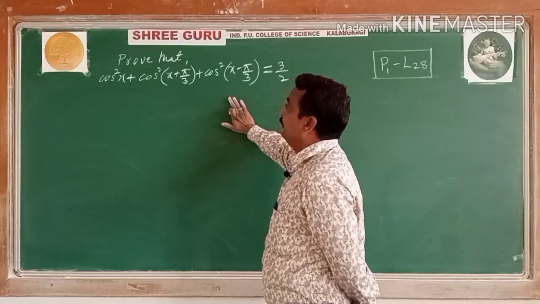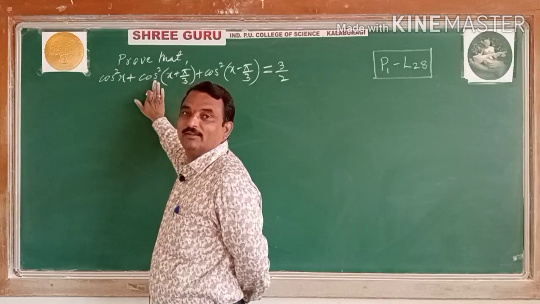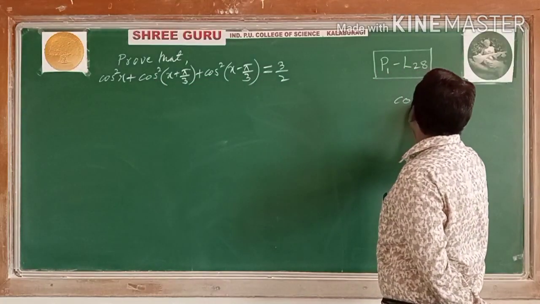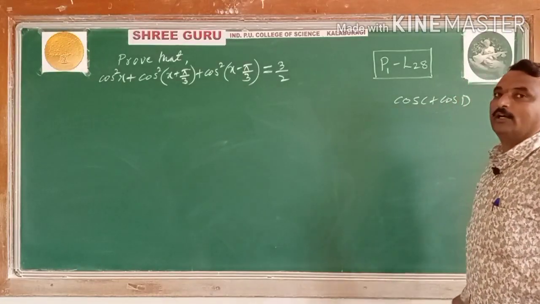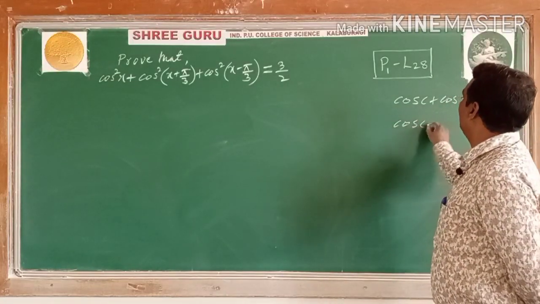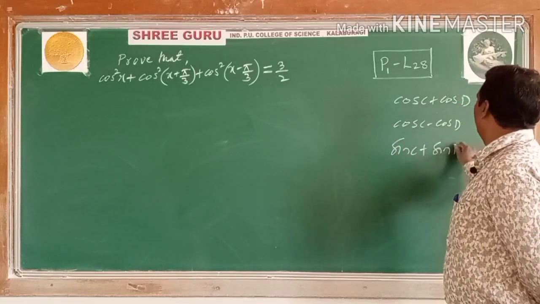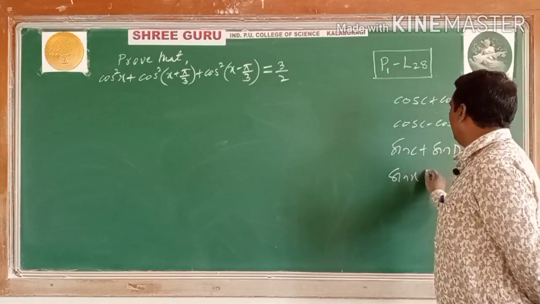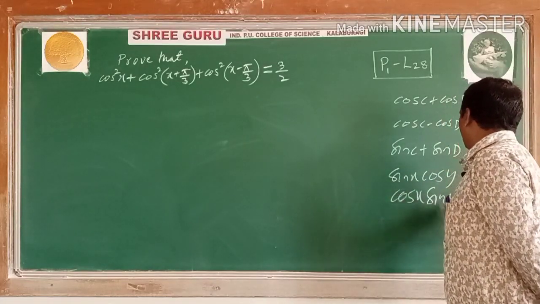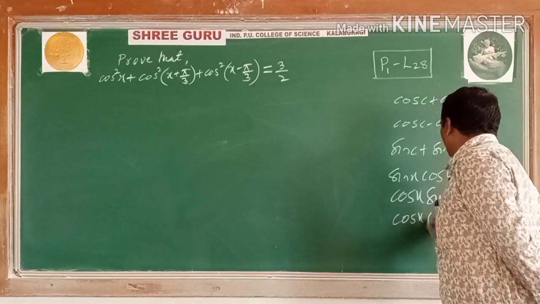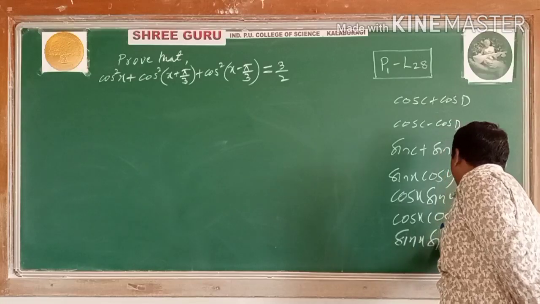See, students, you don't have a formula in terms of cos square c plus cos square d. You have only the cos c plus cos d formula, the cos c minus cos d formula, the sin c plus sin d formula, and the product formulas: sin x into cos y, cos x into sin y, cos x into cos y, sin x into sin y.